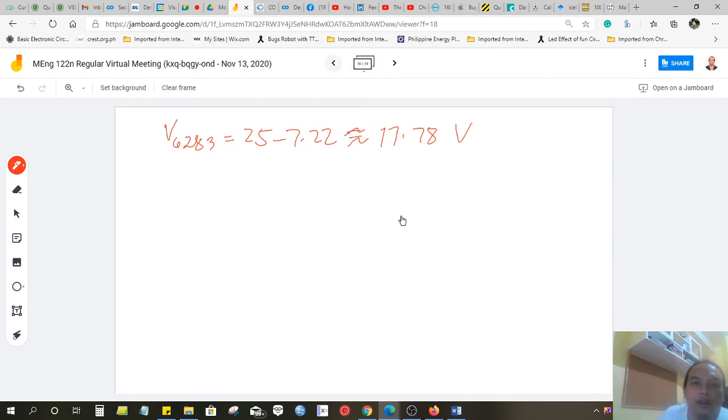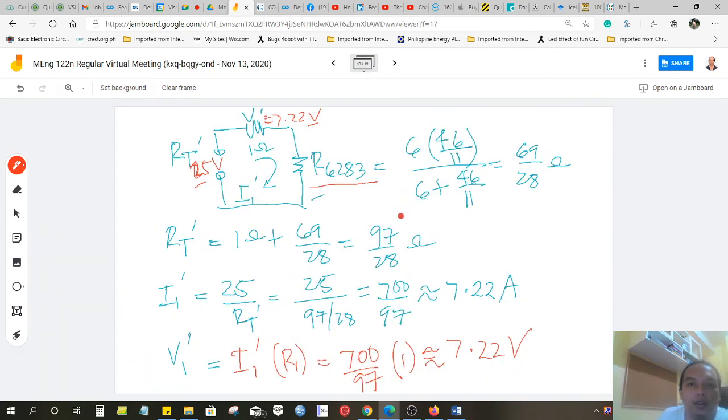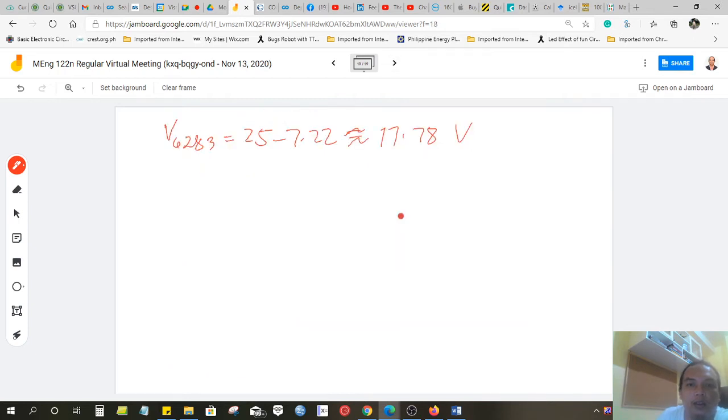Okay, so if we redraw the circuit, ato i-redraw ang circuit ha. So we have 25 volts, 7.22 volts, and 17.78 volts.